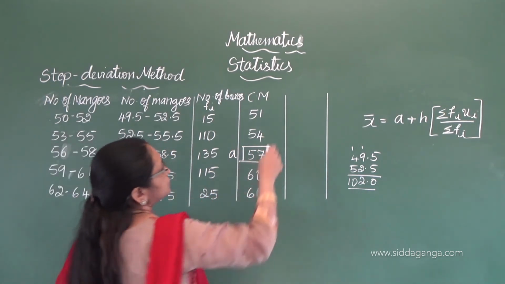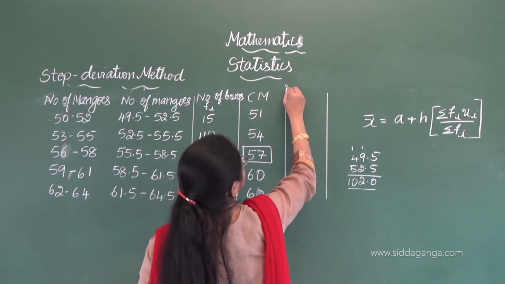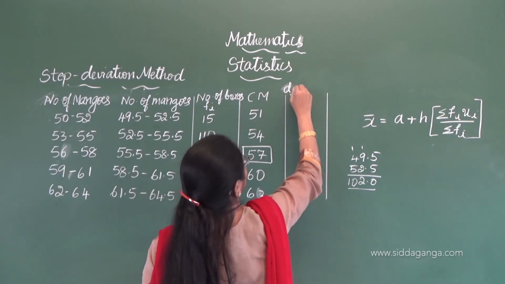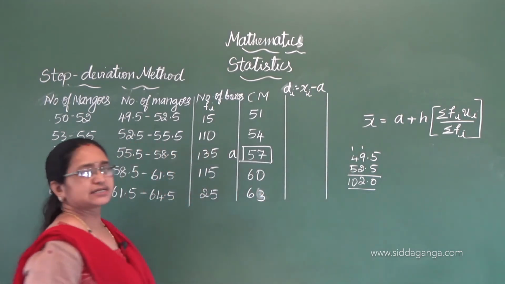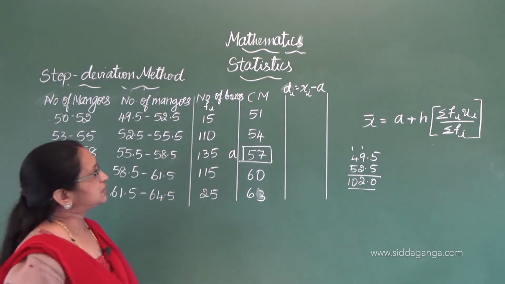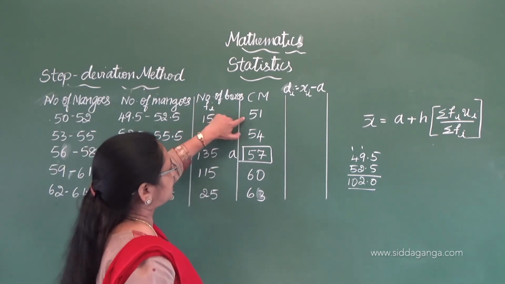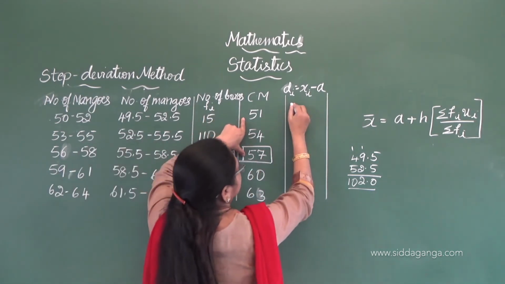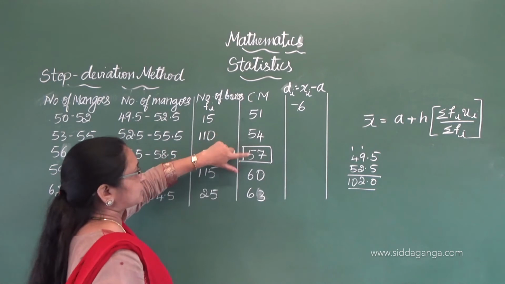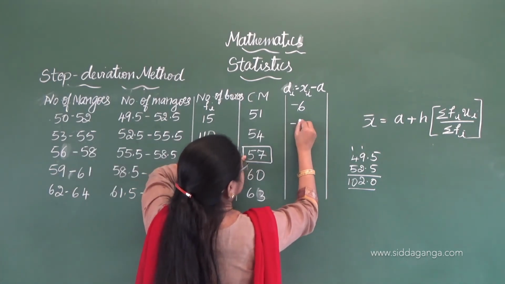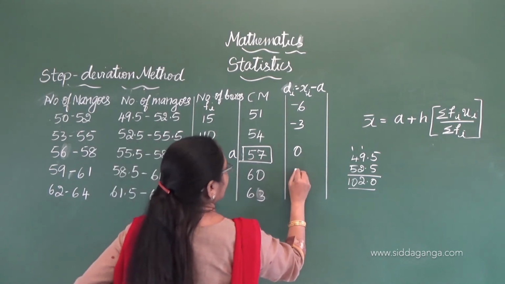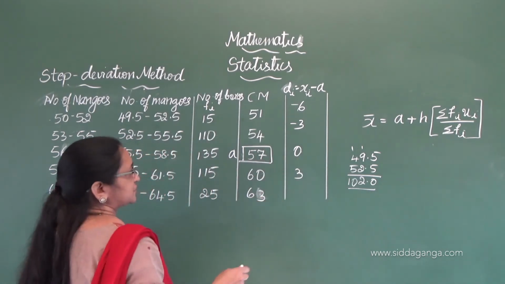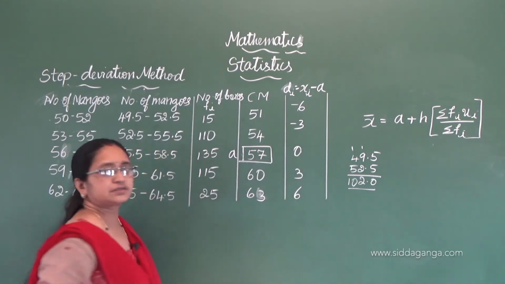So let us find out di, which is equal to xi minus A. You all know the next one, the deviation, xi minus A. So 51 minus 57 is minus 6, 54 minus 57 is minus 3, 0, and here 3 and here 6, correct?